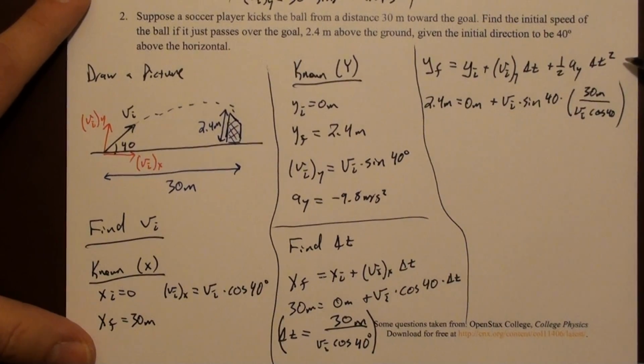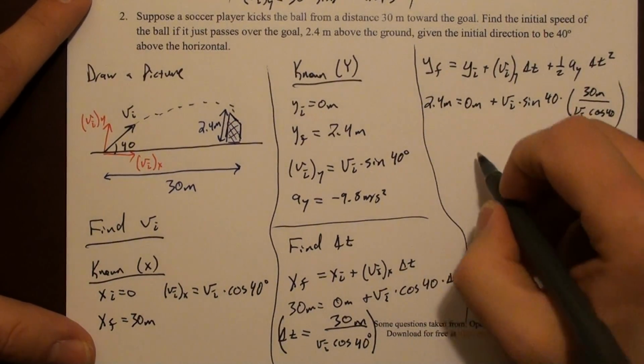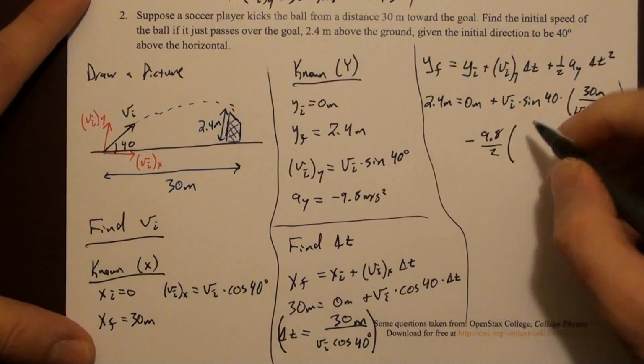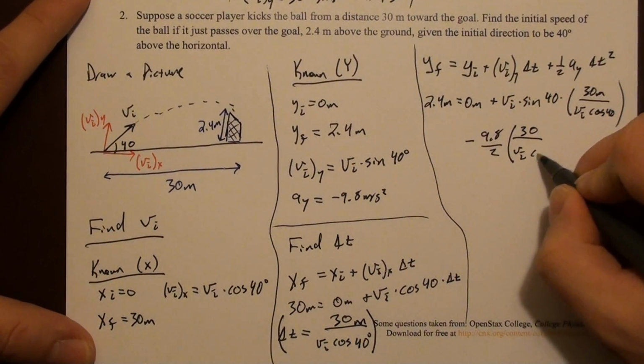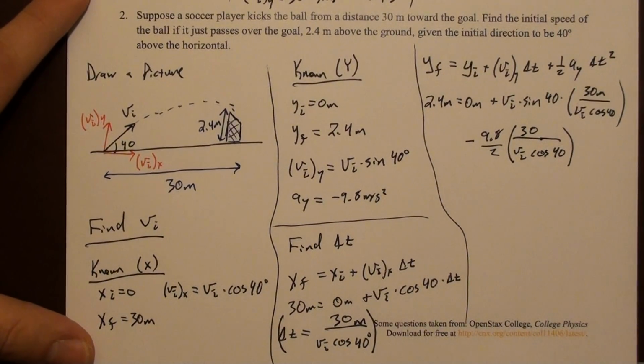And I'm going to have to write the next bit on the next line here. So I also have a minus 9.8 over 2 times 30 over v initial cosine 40. Okay, so these two are all one line.